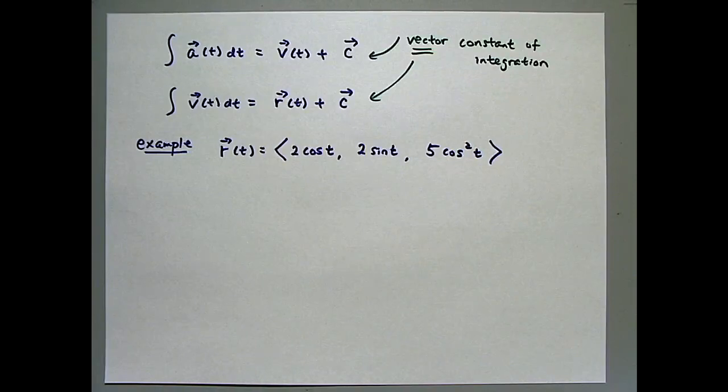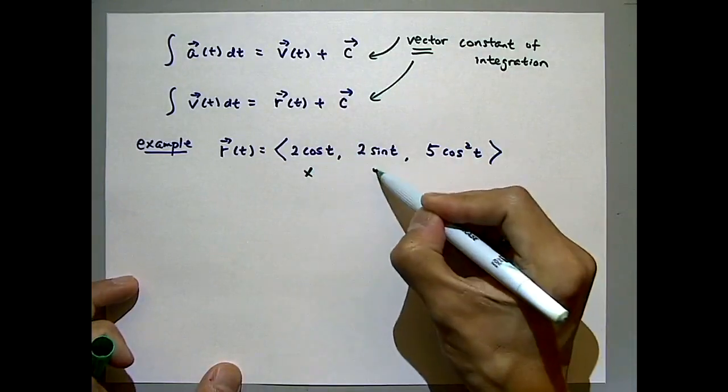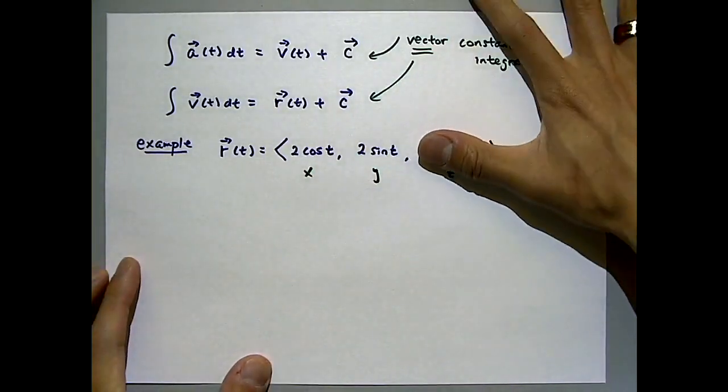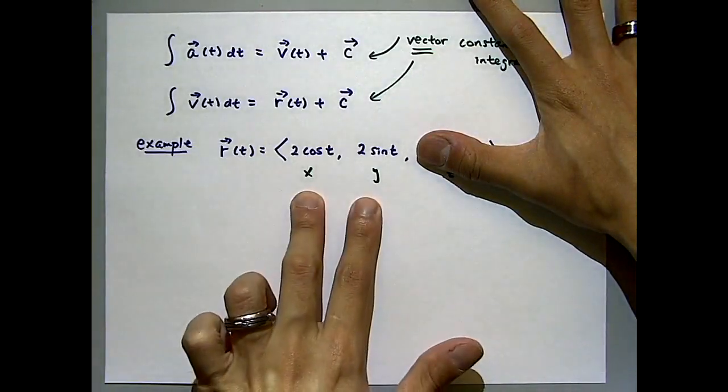Can you visualize this shape? Can you at least see the projections into each dimension? For example, let's cover up z here. Look at x and y.